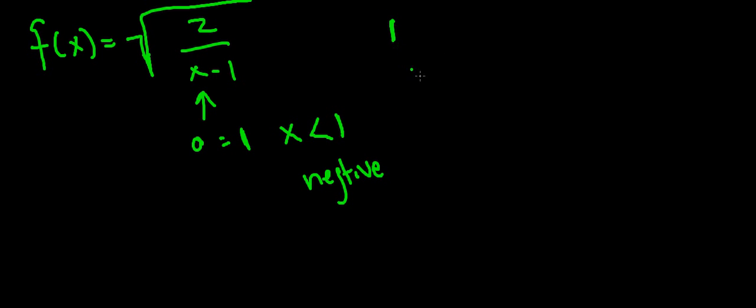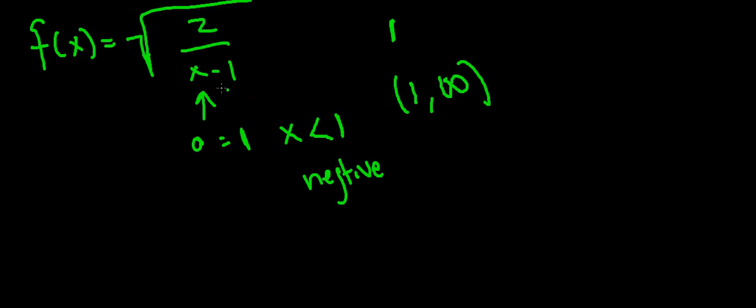So our domain is going to include 1 to positive infinity, and 1 is not included. We can have larger numbers. We can put in 11, and we'll get 2 divided by 10, which is 1/5. And that's fine.